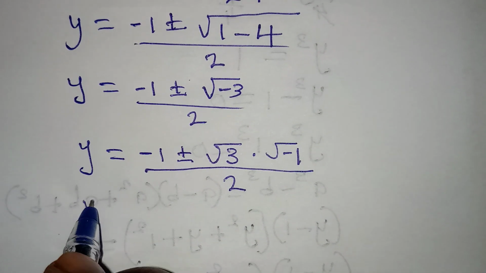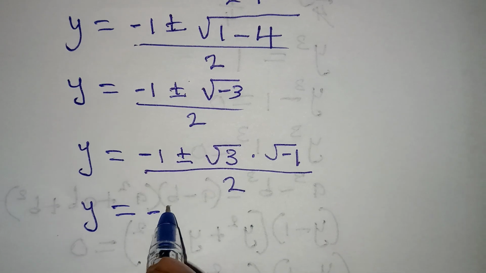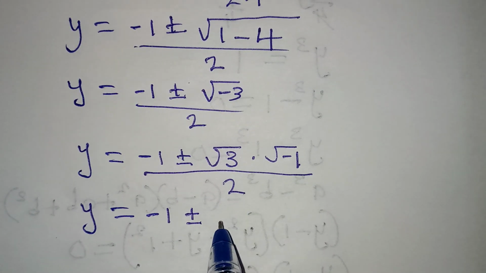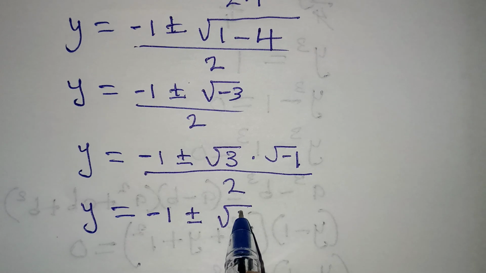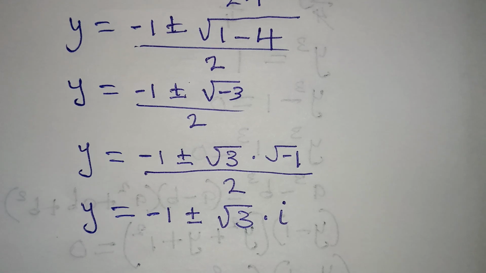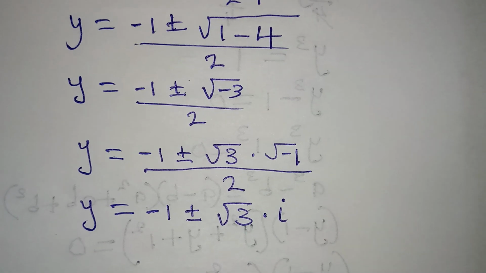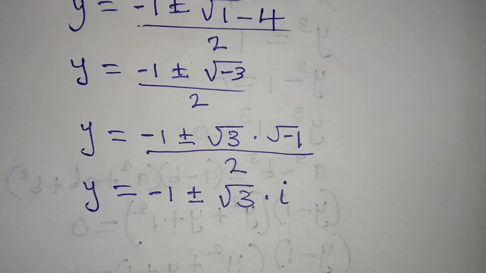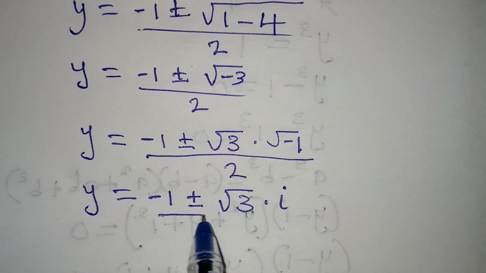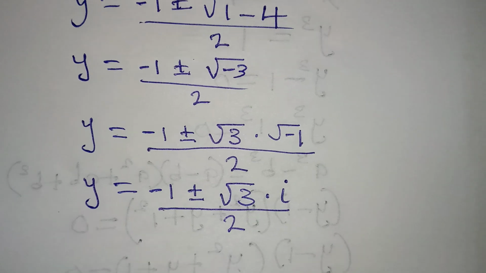Now let's continue, so that y will be equal to minus 1 plus or minus the square root of 3 multiplied by i, because the square root of minus 1 is i, an imaginary solution there. Then we divide this by 2.